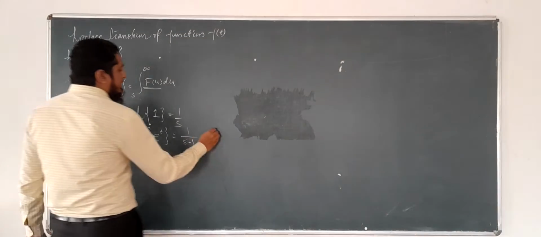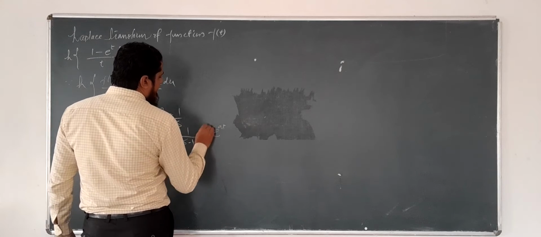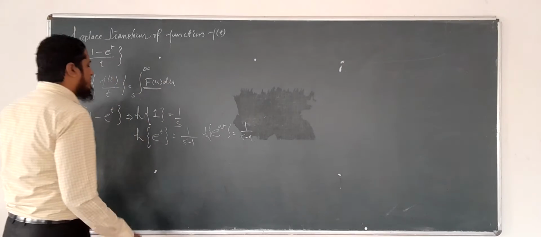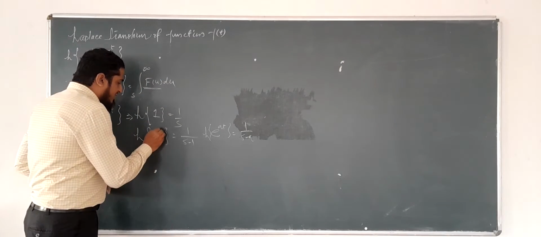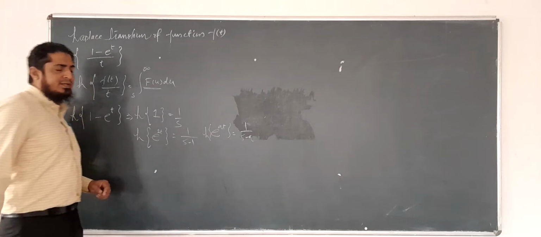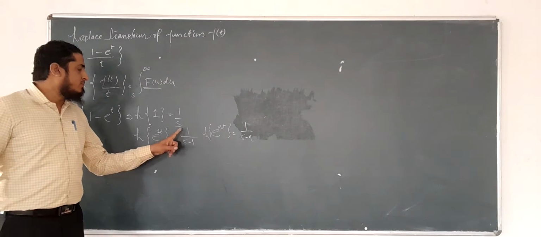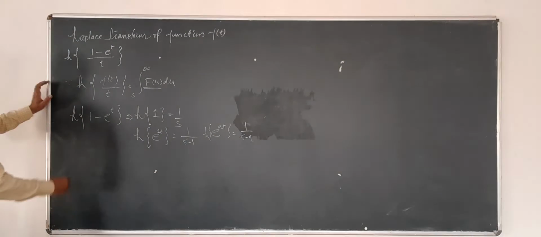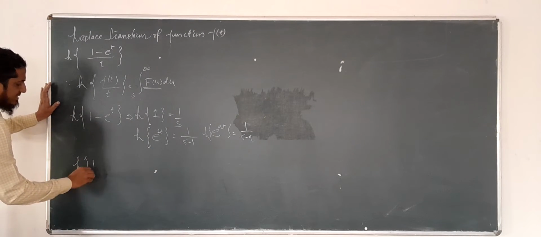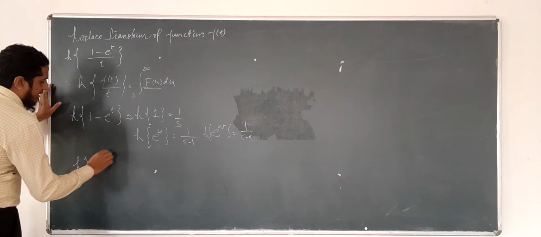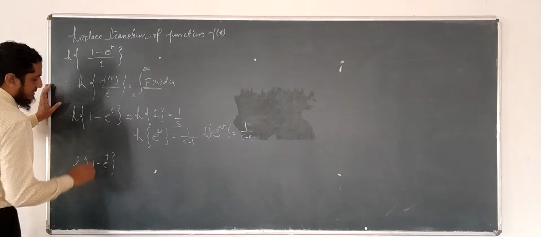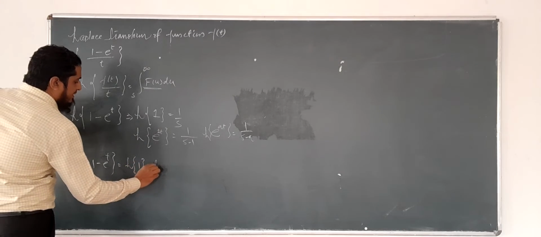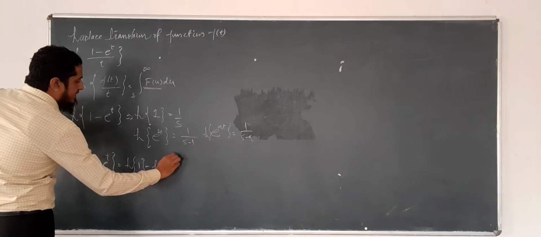Since we know that the Laplace transform of e raised to at becomes 1 upon s minus a, here in the place of a we have 1, so we get the result 1 upon s minus 1. So we can find the Laplace transform of 1 minus e raised to t. We will get the Laplace transform of 1 minus the Laplace transform of e raised to t.